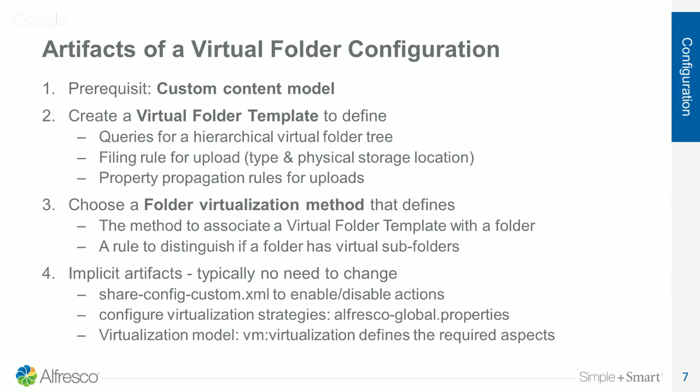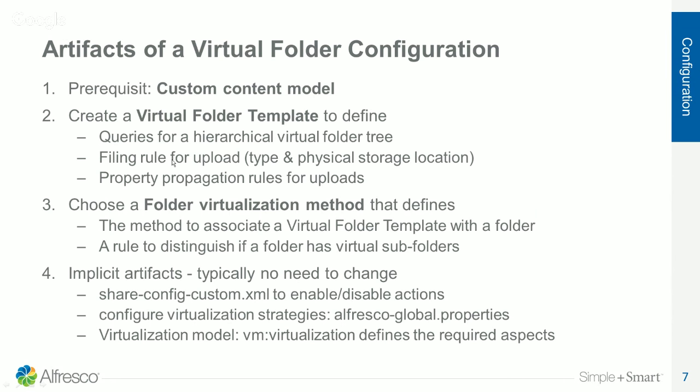This is also sort of a tutorial on how to use it. I'm going through this quickly because we have more or less talked about all of this. So what's required for a virtual folder configuration? First of all, typically you have a custom content model as a prerequisite. Then you would create your template. The template specifies queries that are executed when you enter a virtual folder, and it defines a filing rule that's optional.